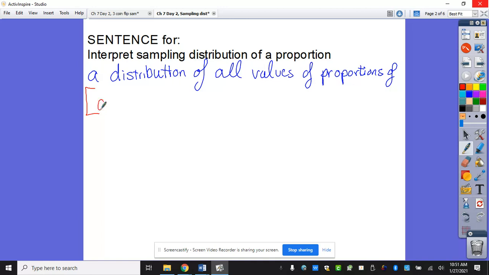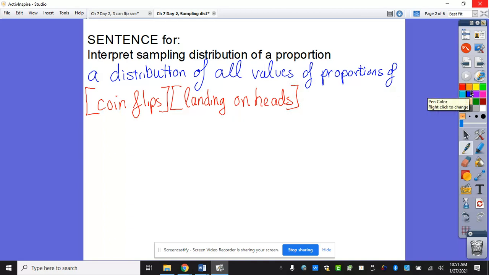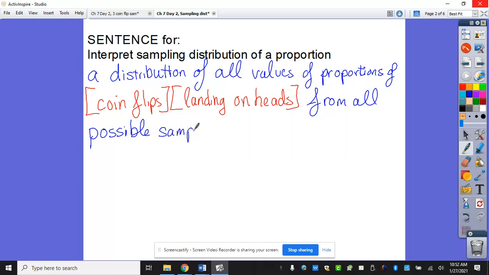So it's the proportion of coin flips that did what? And so that one's an approximation, but the actual sampling distribution would be from all possible samples of what?